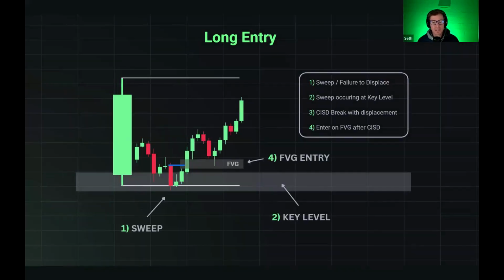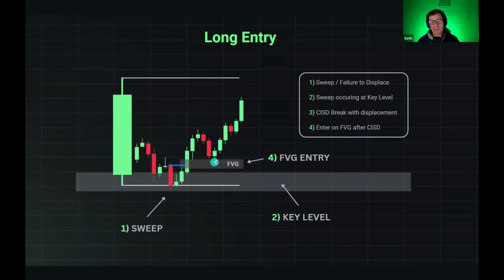In our bullish example here, you can see we've got price coming down to a key level. It sweeps that key level with aggression. You can see this nice big aggressive candle, and then it basically breaks the CISD. And when it breaks the CISD, it forms this displacement. We wait for price to reverse or retrace back into that fair value gap, and that becomes our entry point.